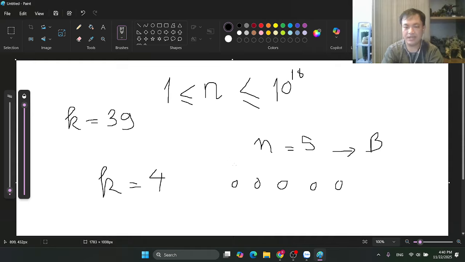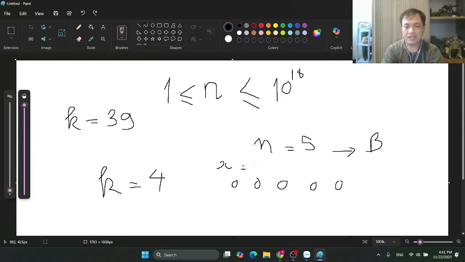First A will take s stones, which can be 1, 2, 3, or 4. If s is 1, then B will take 4, so B wins.